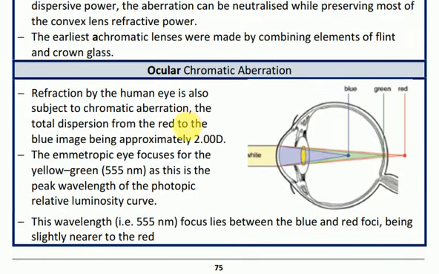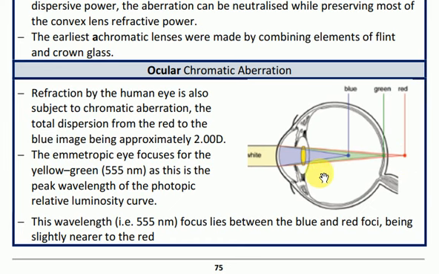Next is ocular chromatic aberration. Refraction by the human eye is also subject to chromatic aberration. The total dispersion from red to blue image is 2 diopter. Blue is more refracted while red is less deviated.